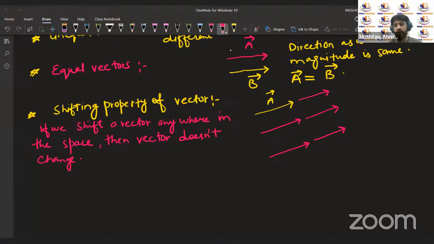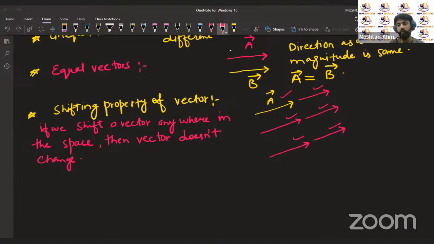So we have shifted this vector parallel to itself. See, once again, the direction here is also the same. In all the 6 cases, the direction as well as the length of the vector is the same. So we can say that the vector has not changed. It is the same vector. So that is a very important property.